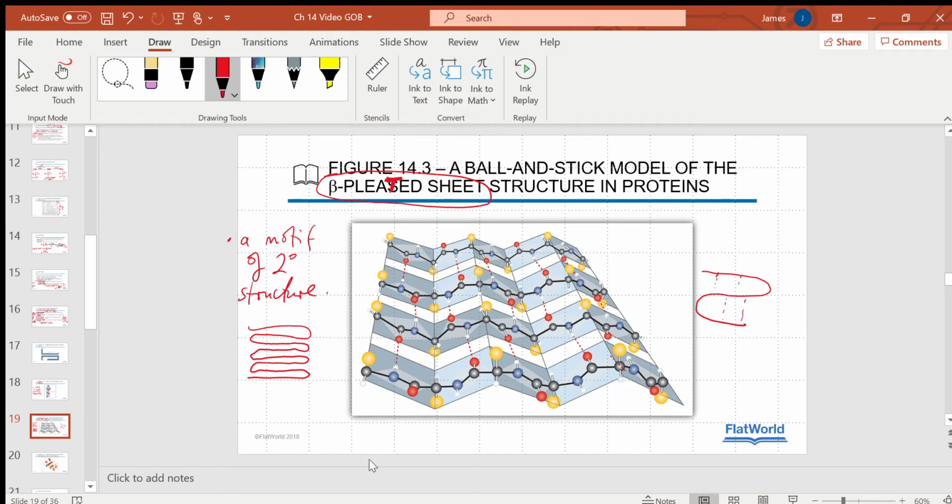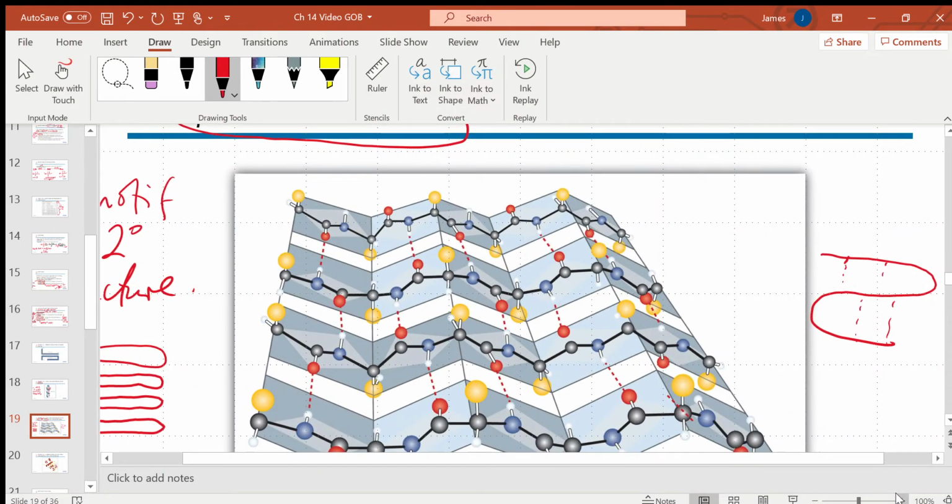And you can see them, if I make this a little bit larger, you can see them here. So let's have a look. Yeah, here they are. Here's the oxygen atom in red, hydrogen bonded to a hydrogen atom that's activated by a nitrogen atom. So this is the amine part of the structure.